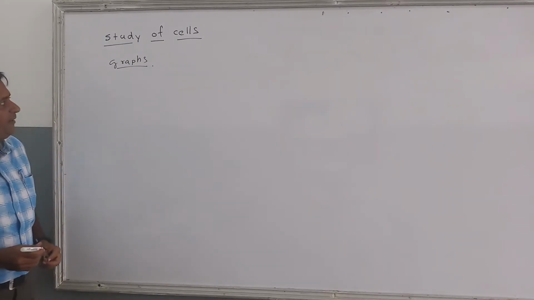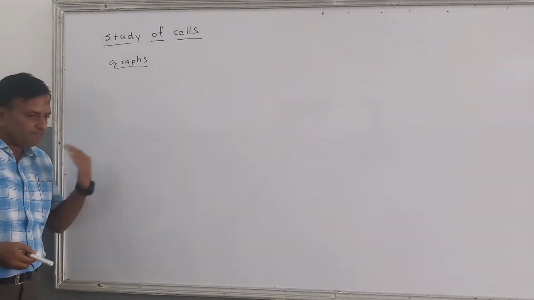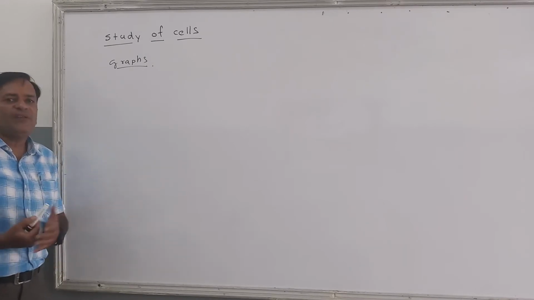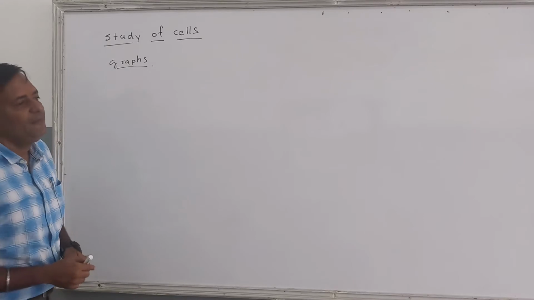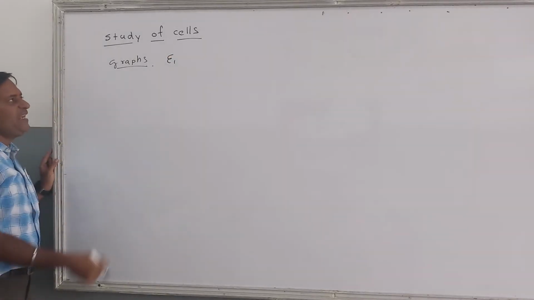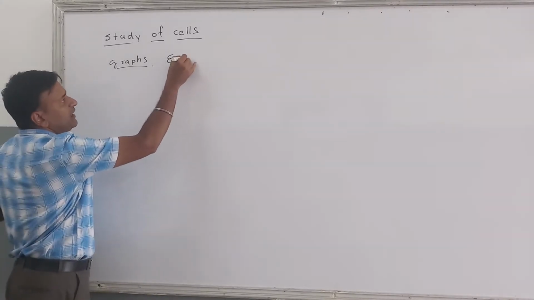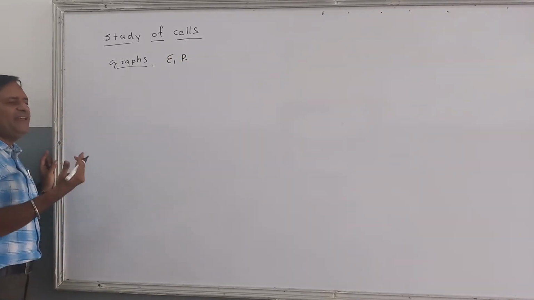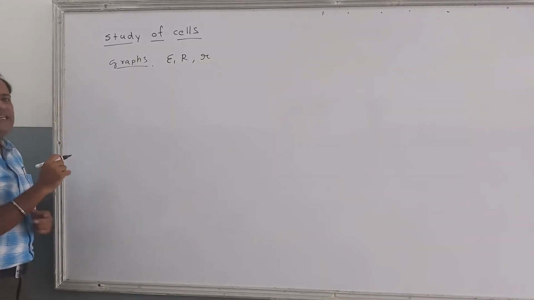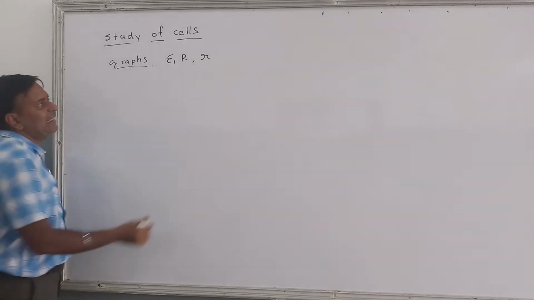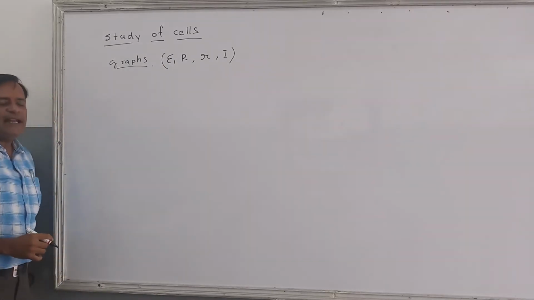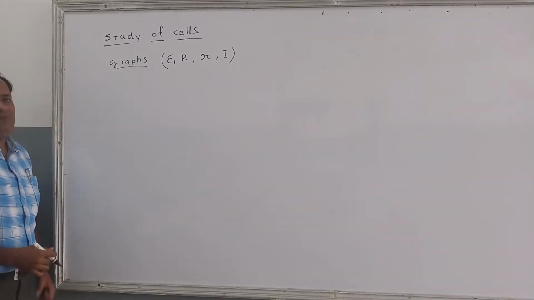We are supposed to learn some graphs of a cell and its various physical quantities related with the cell, which are epsilon, which represents the EMF of the cell, R, which is the external resistance, small r, which is the internal resistance of the cell, and I, that is the current being drawn from the cell.